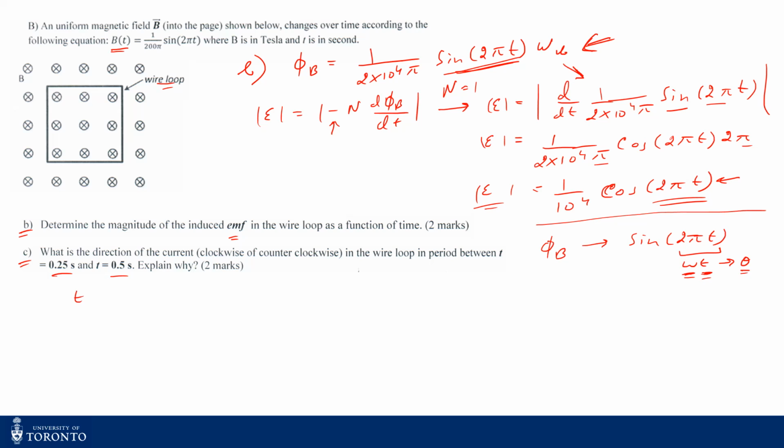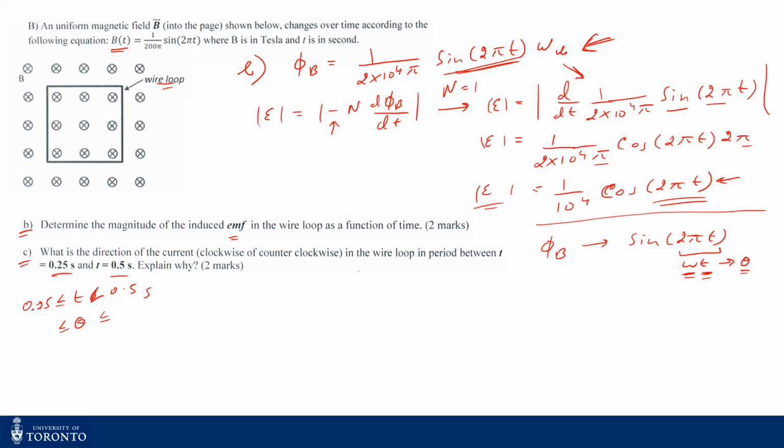So basically, you have to find out the direction of the current in this time interval, 0.25 seconds to 0.5 seconds. Since my omega is 2 pi, as we know from the phi b, my theta is omega t.